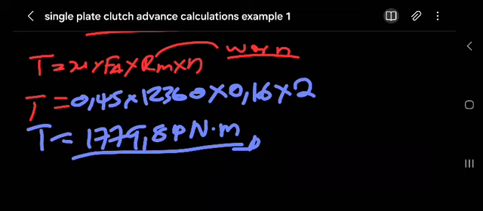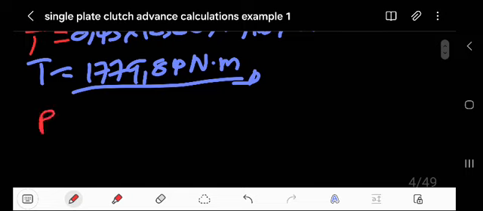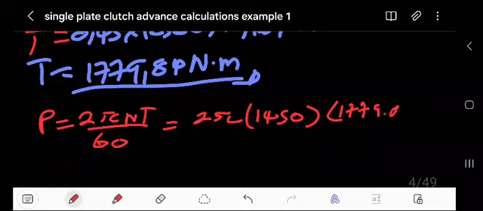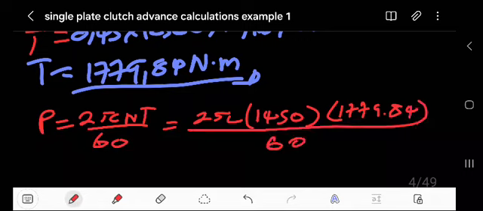Since we have a torque, we can calculate the power. Simply, power is equal to 2 pi n T over 60. Our n was 1450, the one that we know, and the torque is 1779.84, divided by 60.